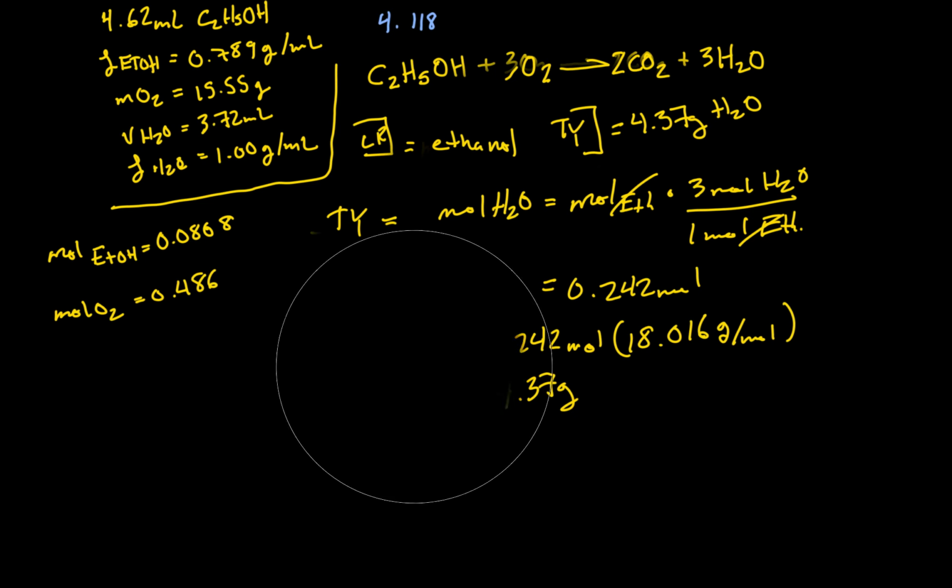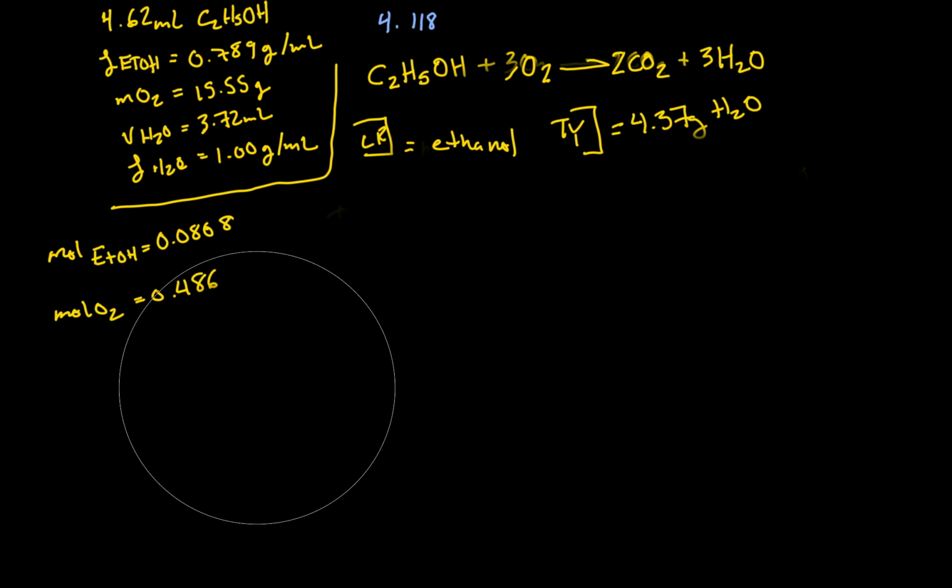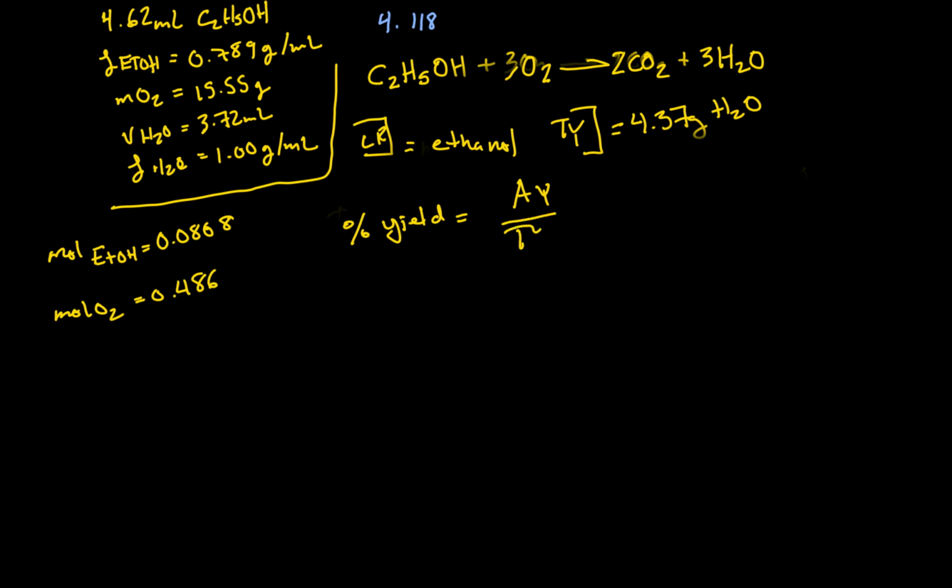Okay, and then we need the percent yield. Percent yield is the actual yield over the theoretical yield multiplied by 100. So how much did we actually get?